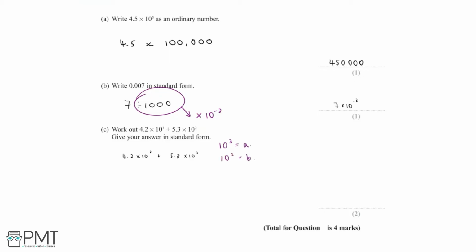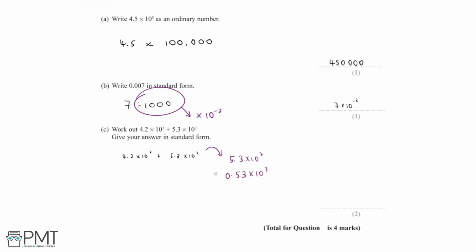Now if you had the equation 4.2a plus 5.3b, we can't actually simplify this because a and b are different terms. And so now the only way to simplify this is to make the power of 10s equal so that they're the same term. For example, we can say that 5.3 times 10 to the power of 2 is equivalent to 0.53 times 10 to the power of 3.